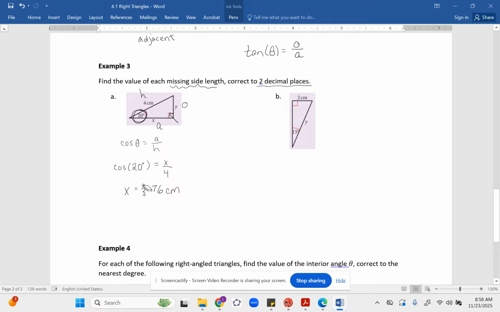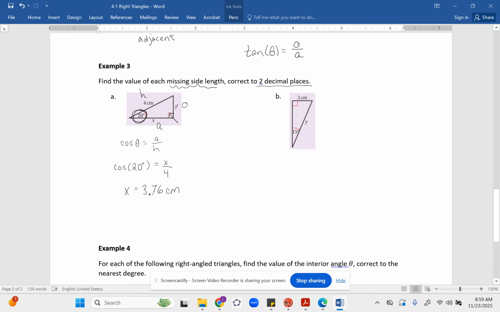To find y, I think I would also use that 4 hypotenuse. So if I use the 4 hypotenuse and the opposite, I could use the 3.76, but remember that's a rounded number, and it's going to be complicated to try to use the 3.76. I'd rather use what's already given to me, which is the 4 and the 20.